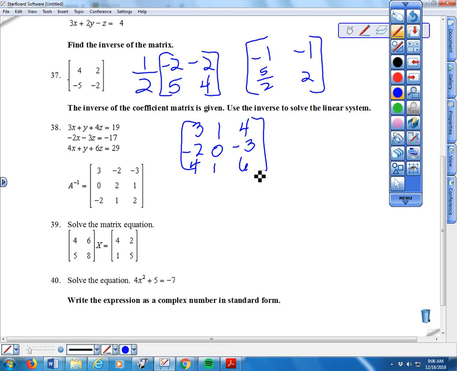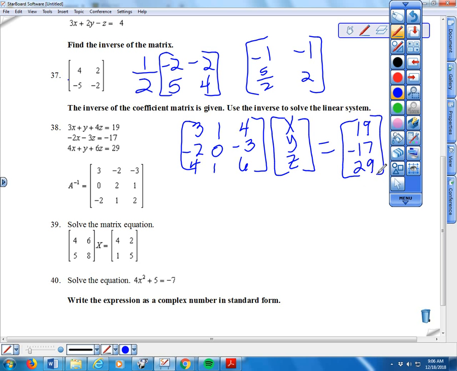Everybody see that's the coefficient matrix? Then I would just write my variables, and then I write my constant matrix. Just like solving any equation, if I want to isolate the variable, I have to multiply by its inverse.